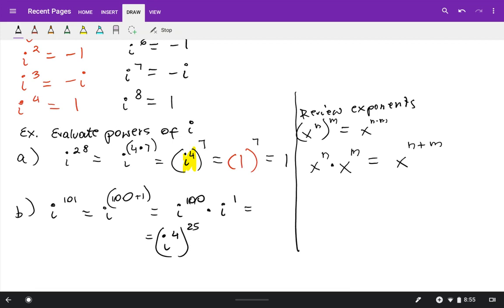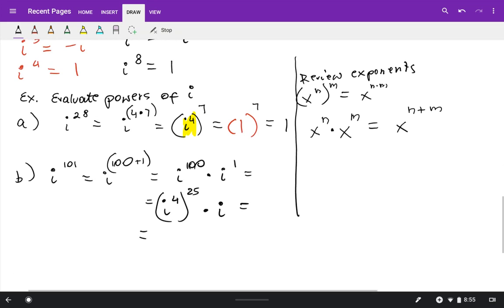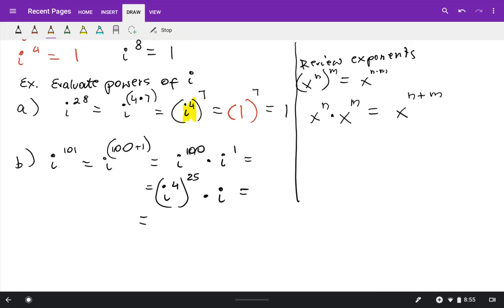I'm using that power of a power property. 4 times 25 gives me that 100. Times i to the power of 1 is just i. And now i to the power of 4 is 1. So we have 1 to the power of 25 times i, and 1 to the power of 25 is just 1, times i, and the answer will be i.